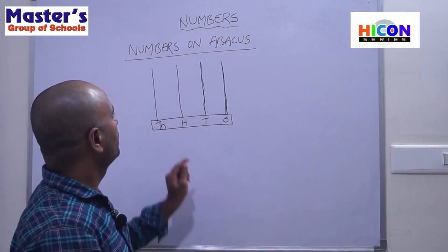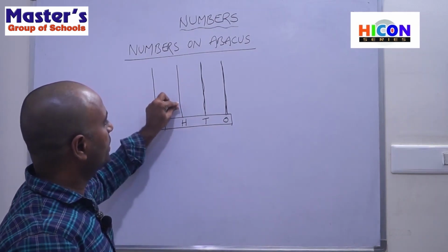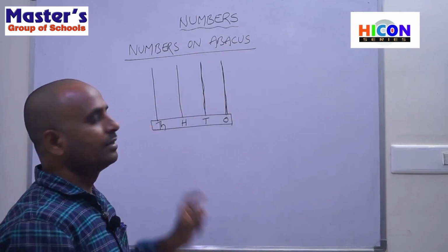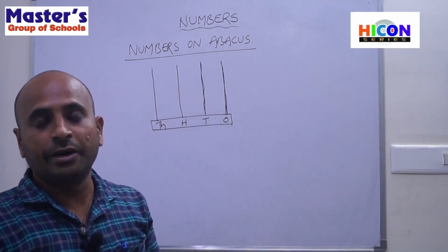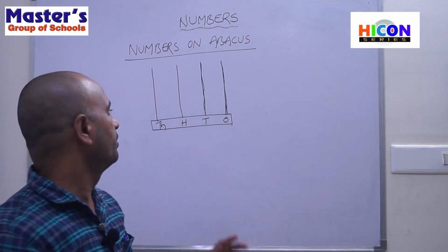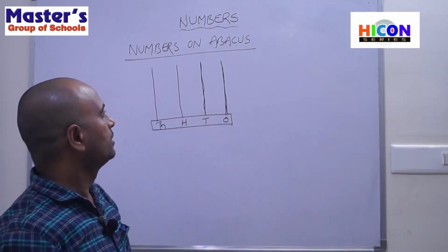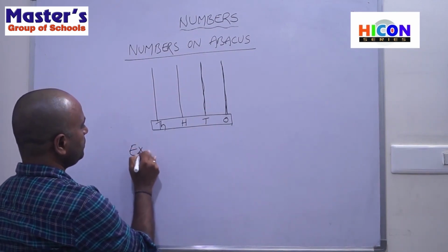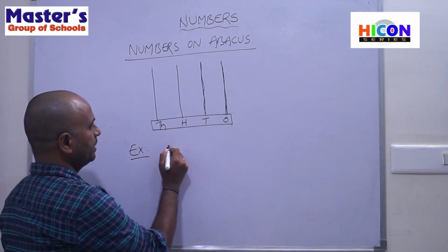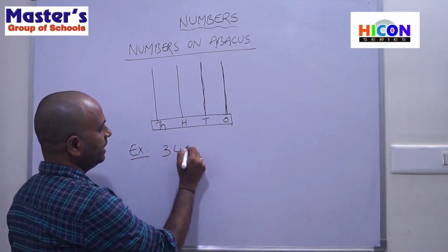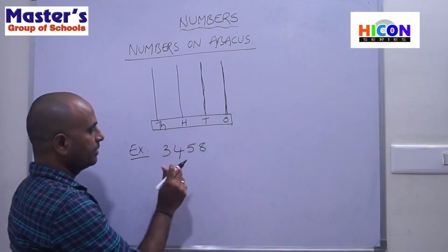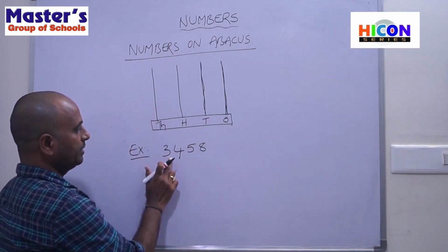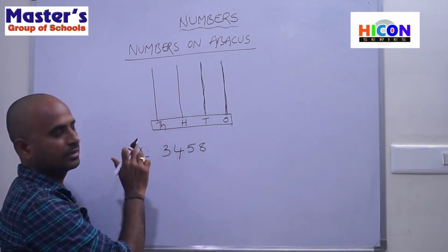So in this way, each stick in the abacus represents a place, and the digit in a number can be represented by using beads. So let us take an example: represent this number 3458 on the abacus. How to represent this number on the abacus?